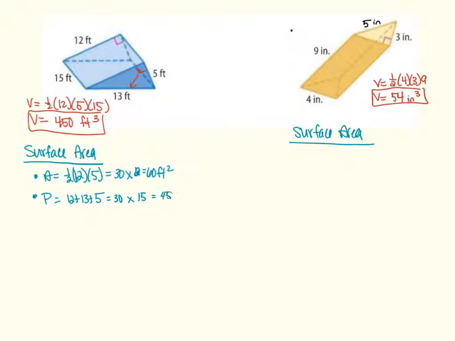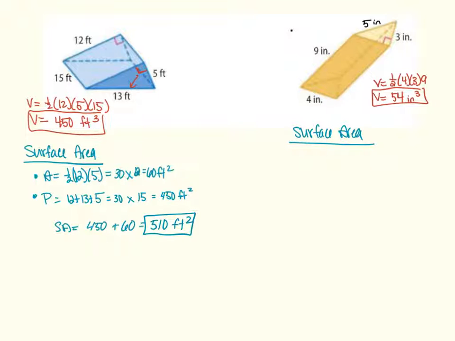That gets you 450 feet squared. Now you just add them together, so total surface area is going to be 450 plus the 60, which is 510 feet squared. That's your total surface area.